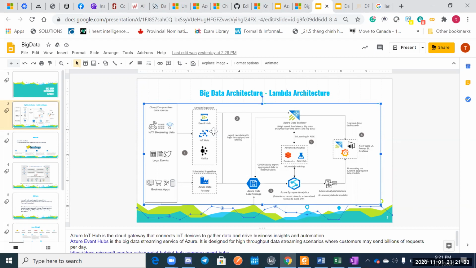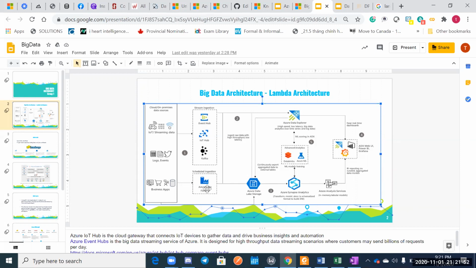You just need to know that these are the architecture of stream ingestion, and from there we need to load the data from the stream to data lake storage, or some kind of storage to keep our data. So that is it for the hot path.